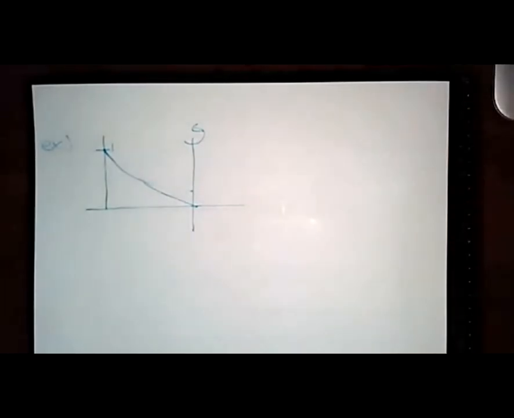And let's say that function is, let's see, what would it be? Where did I put it?